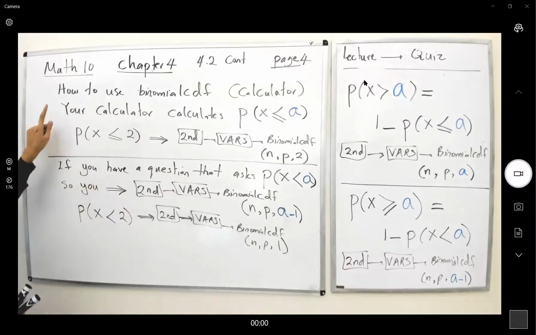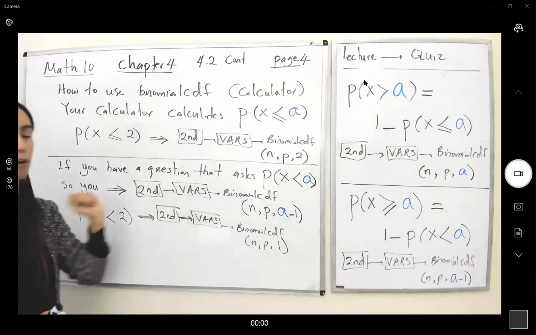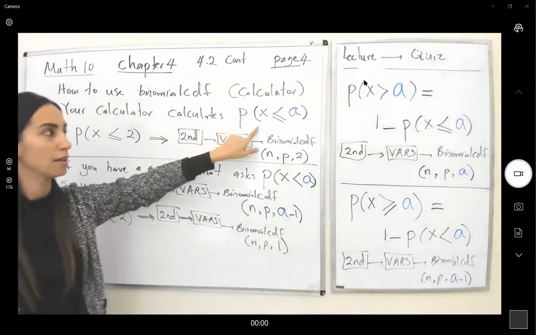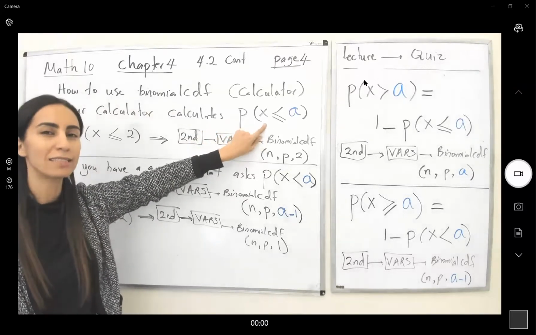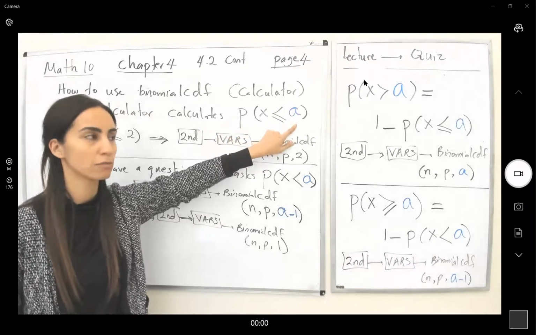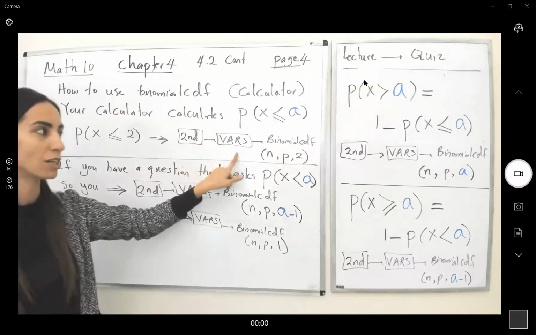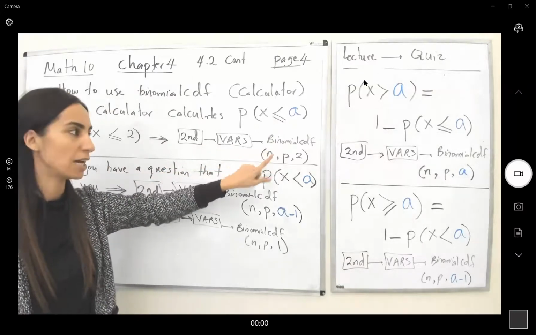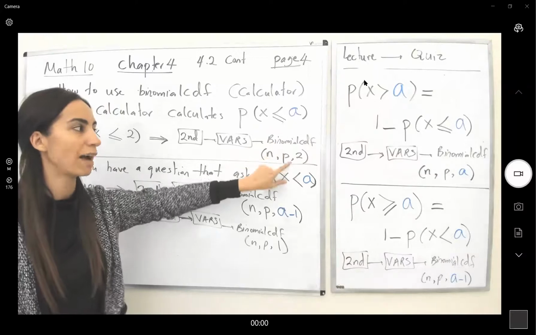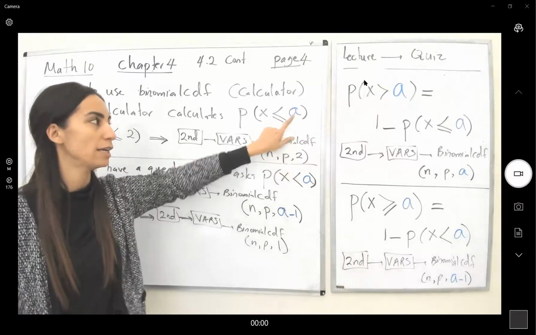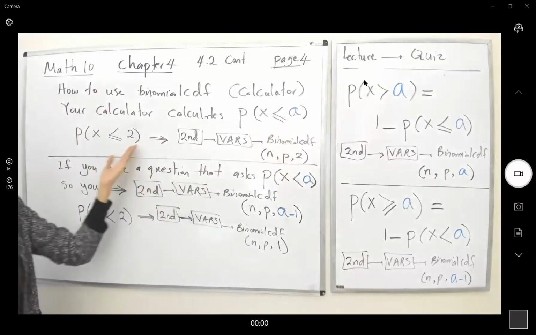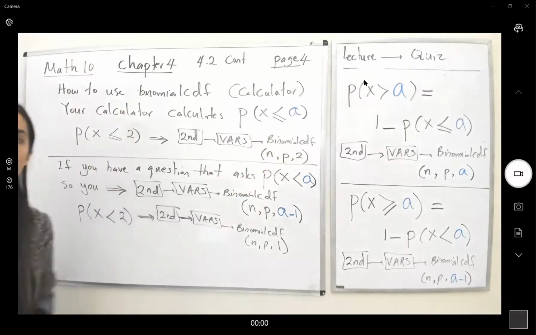So if the question says find the probability of values less than or equal to A, you go to your calculator, second, vars, binomial CDF, and you punch those values in. For example, if A is equal to 2, you just punch 2 for A.